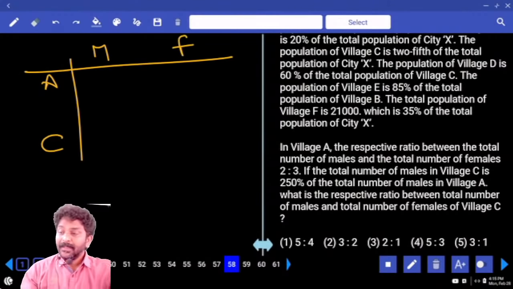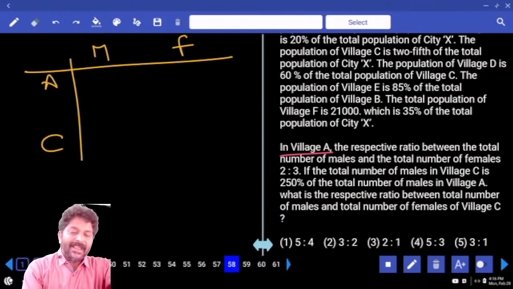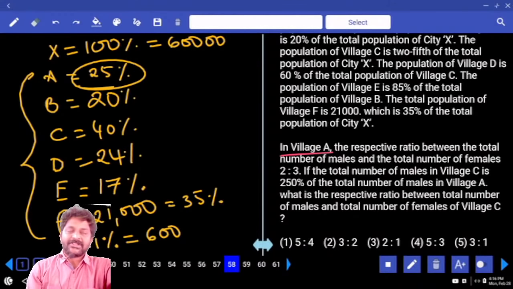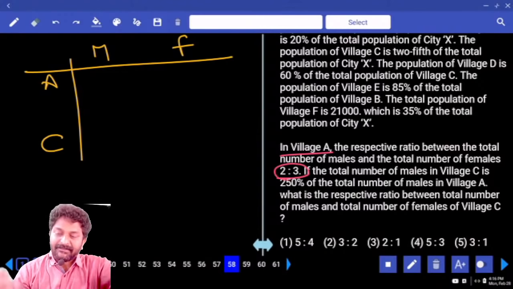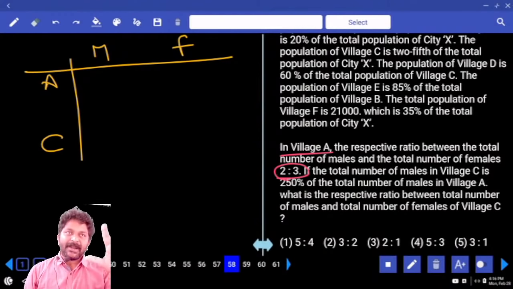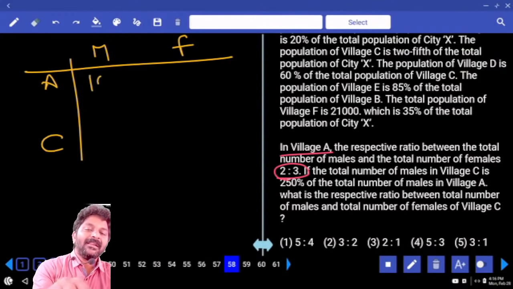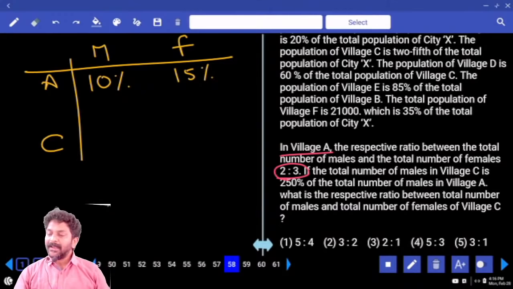Male and initial information is regarding village A only. Village A, total what percentage we have? Total. Now 25% must be divided in the ratio 2:3, that is 5 parts only. Each part is equal to male are 10, female are, come on. Okay, next.